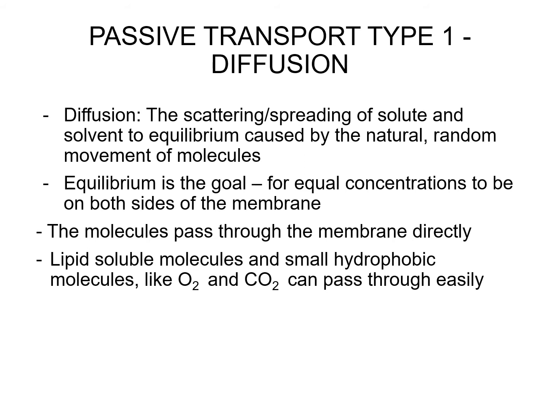As soon as I removed the barrier, everything scattered and moved high to low to equal out and make a 50-50 range throughout the beaker. It was the same thing that we saw with the time lapse in the other slide. So diffusion is the scattering, spreading of molecules until equilibrium is met.